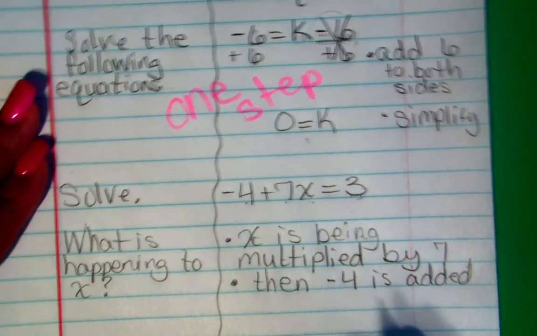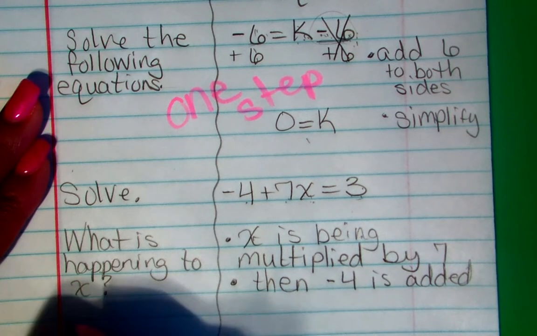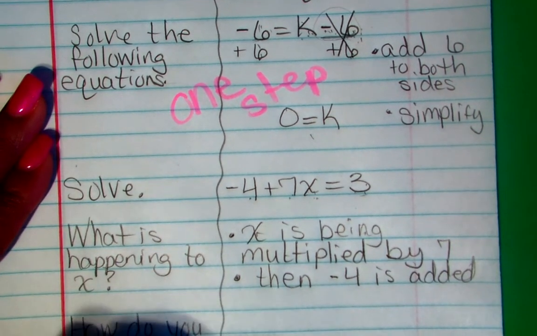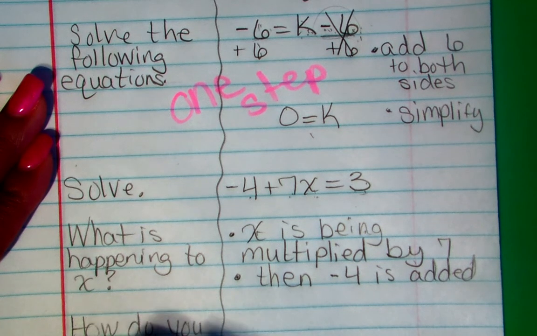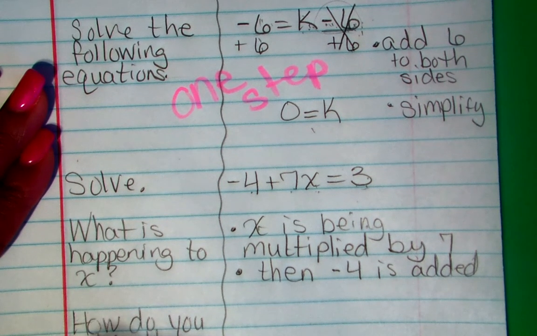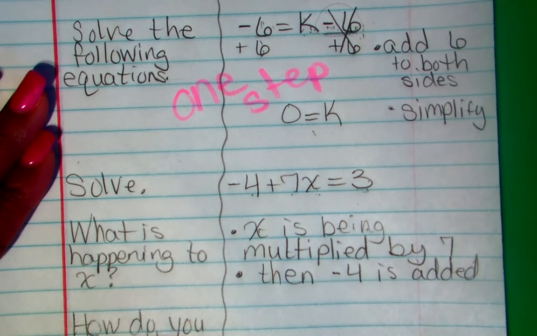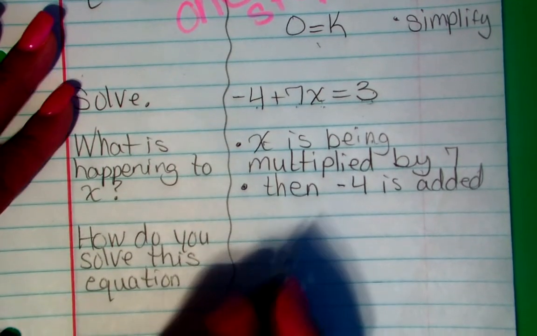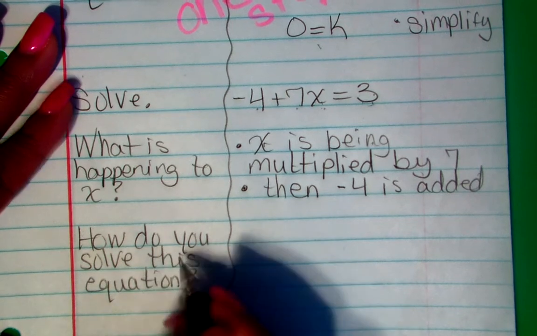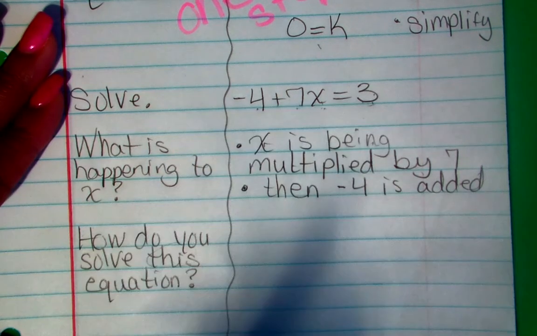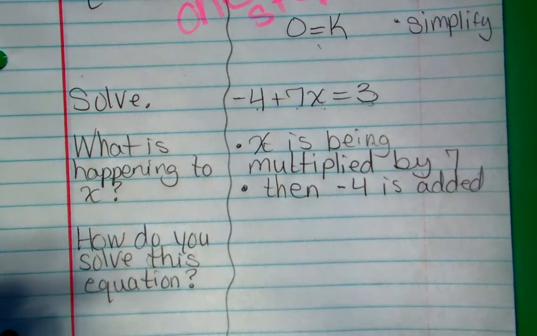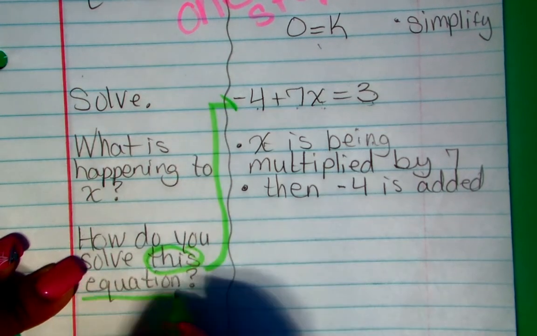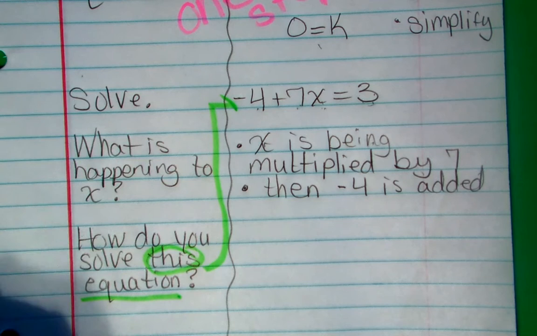So how do you undo this? How do you solve this equation? And when I say this, I'm referring to -4 plus 7x equals 3. Okay, that's what that is referring to.